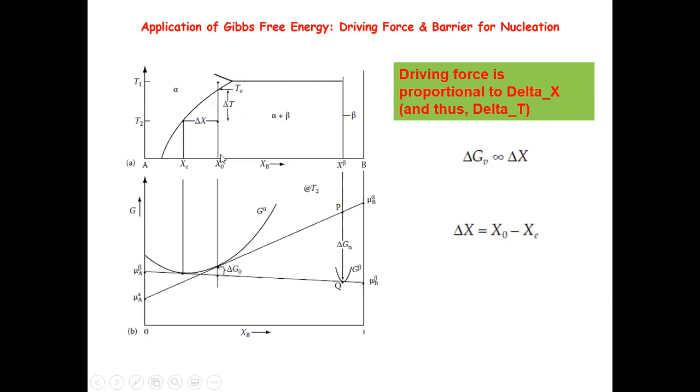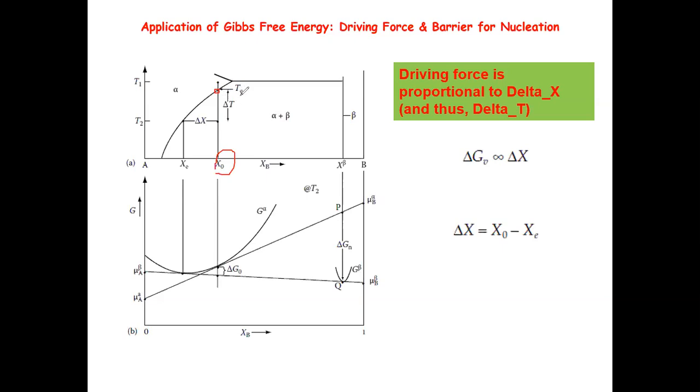The idea is the following. We have X naught as our initial composition, right here. This is my initial composition, and we know that this composition is the equilibrium composition at the point where the transformation just starts. We call this the equilibrium temperature.